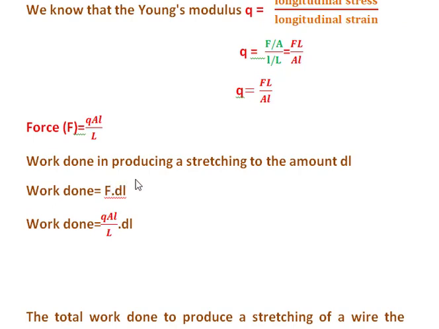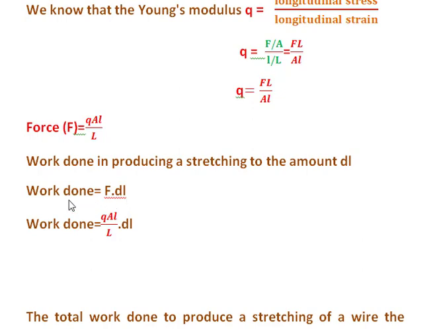So work done on the body is producing a stretching to the amount dl. So the work done on the body to stretch from the length capital L by dl, the dl amount of length is increased due to the application of the force on the body.